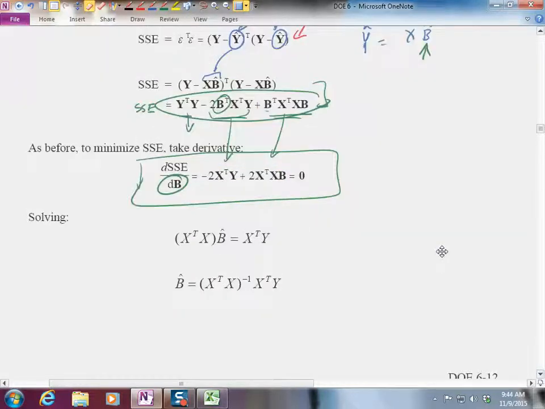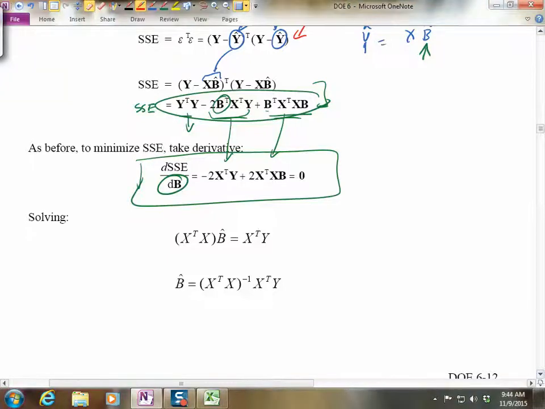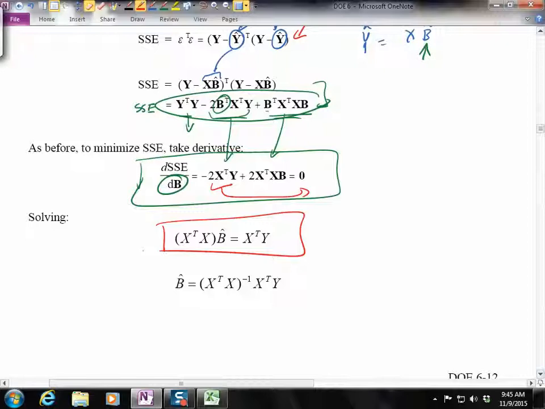So we take the derivative of SSE and set it equal to 0. To do that, we're just rearranging this now, getting rid of the 2's, bringing this over to that side. We've got that. And our whole point for doing this was solving for the coefficients.